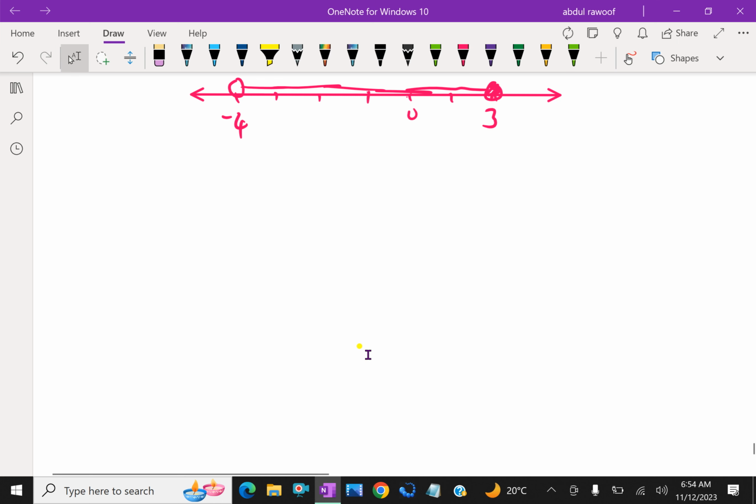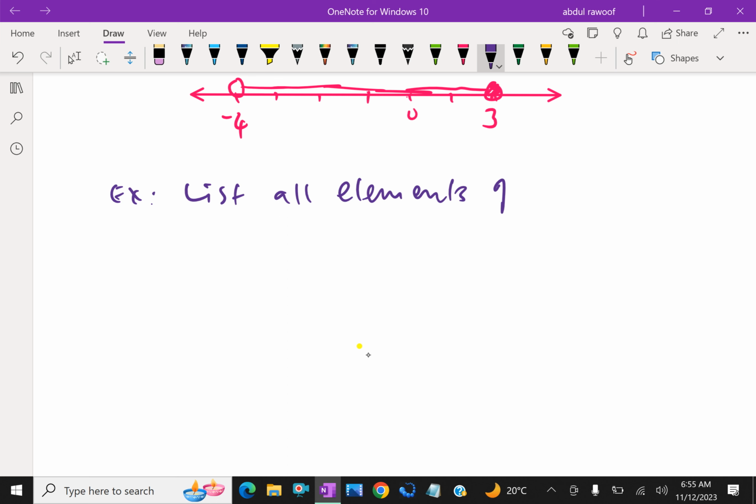Now, for example, list all elements of set B such that x is such that minus 2 is less than or equal to x and less than 4.